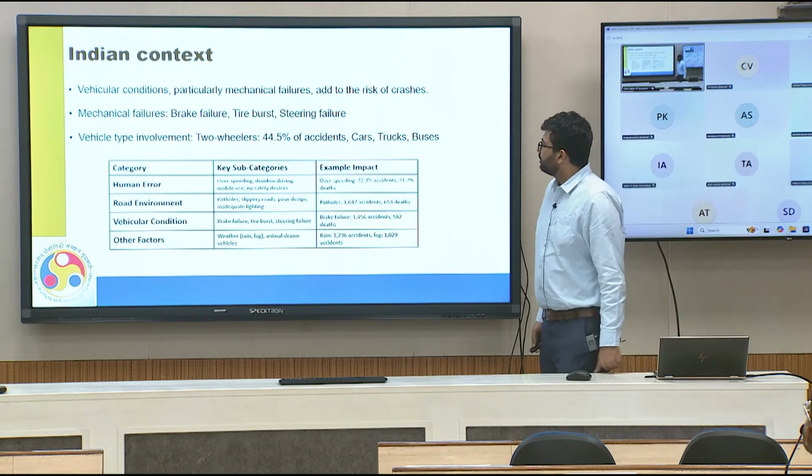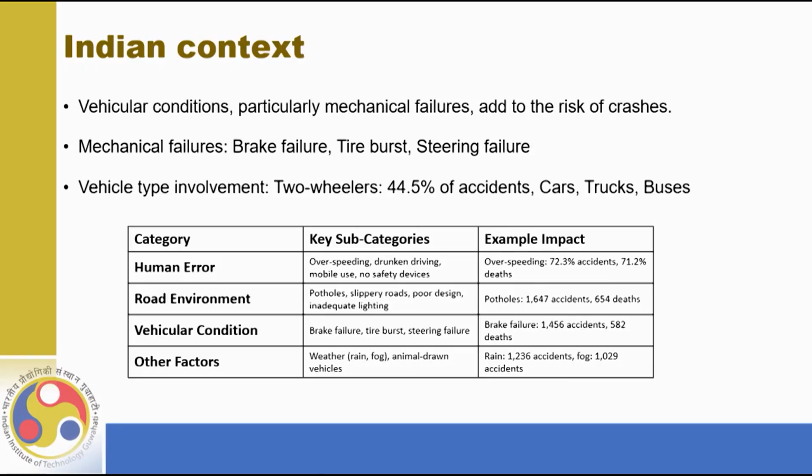So, if we look into the vehicle conditions, the causality related to vehicle, what we find is that brake failure, tire burst, and steering failure, these three factors are found to be a significant cause associated with the vehicle condition.